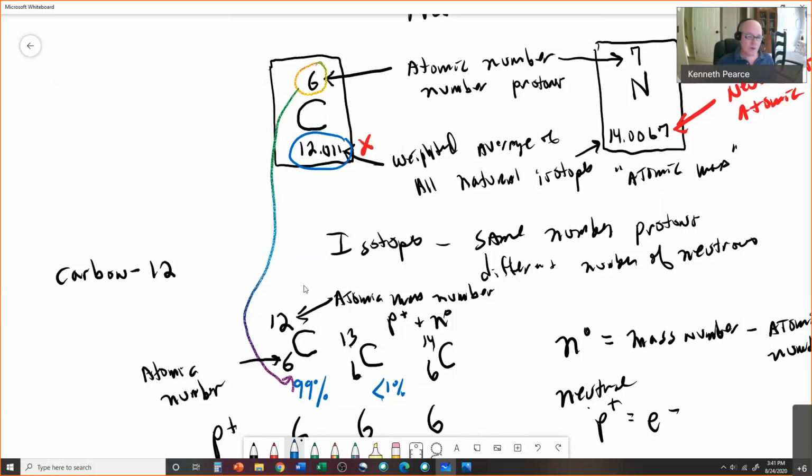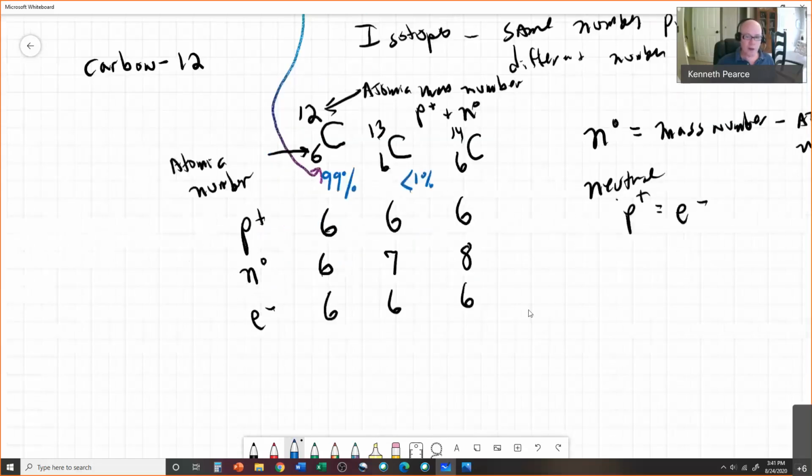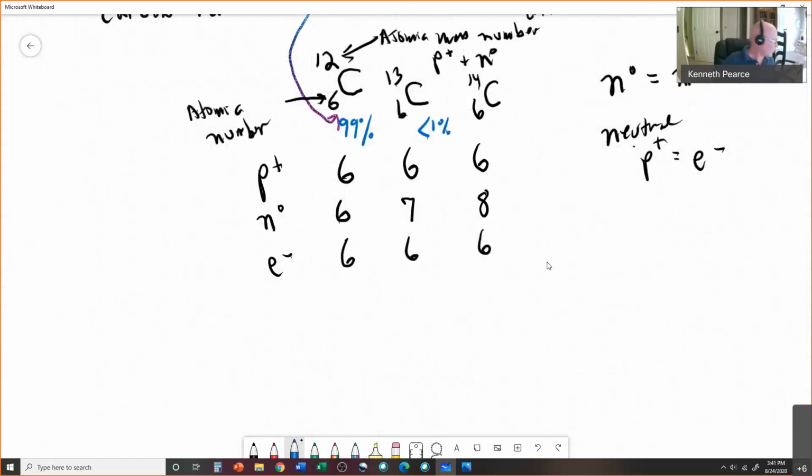Okay, and the same thing happens with chlorine. Chlorine's weighted average mass, let me pull it up here, is 35.45. It turns out we have chlorine 37 and chlorine 35.